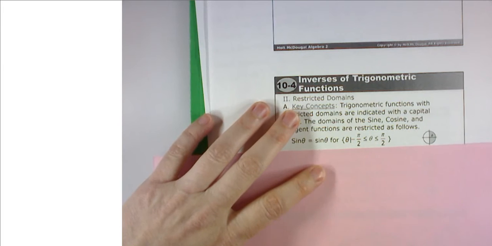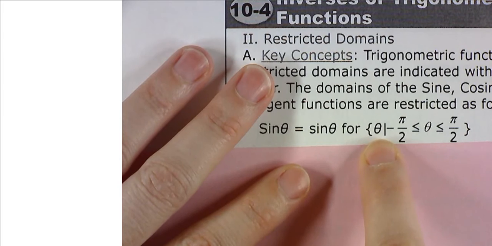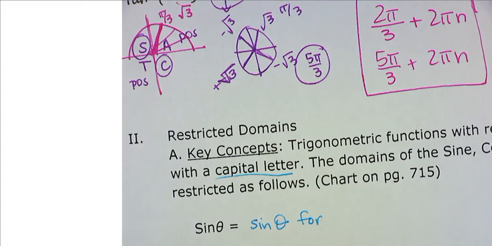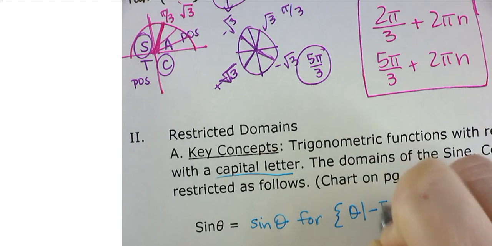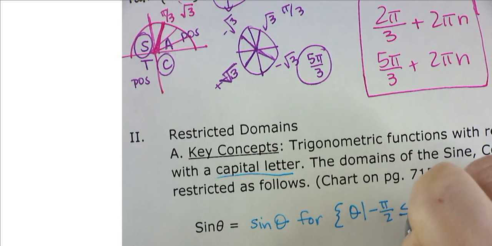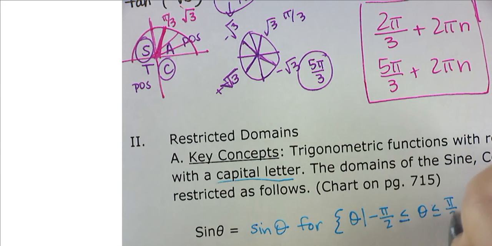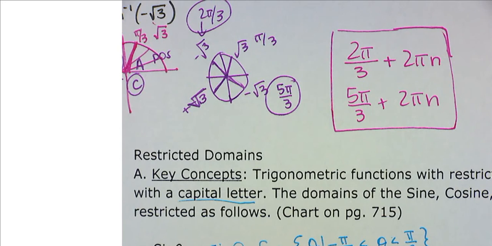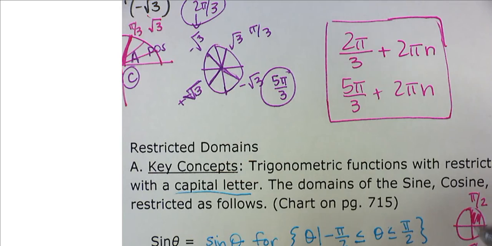Okay, so it's theta such that theta is between negative pi over 2 and pi over 2. Okay, so let's think about what that means on our unit circle. So if this is pi over 2 and this is negative pi over 2, what this is saying is theta has to be somewhere in between those. So that's going to cover quadrants 1 and 4. Okay, so for the sine, the restriction is in 1 and 4.